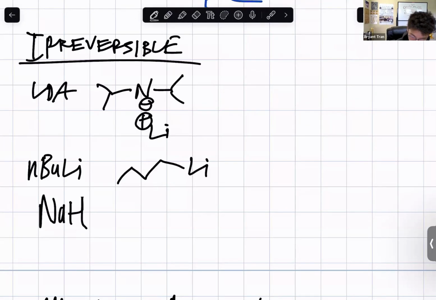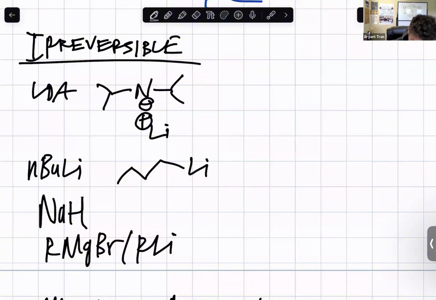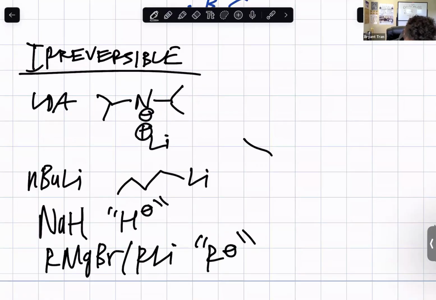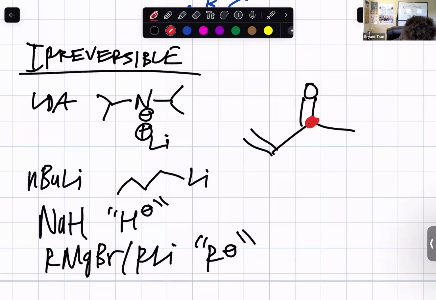LDA, N-butyllithium, Grignard reagents, organometallic reagents, RMgBr, or organolithiums, RLi, where the R minus is the nucleophile. NaH is the hydride ion. These irreversible nucleophiles will attack and stay on the carbonyl carbon as the electrophile.